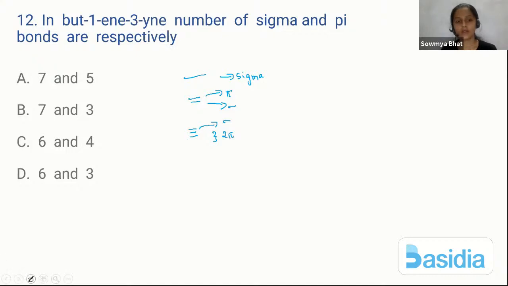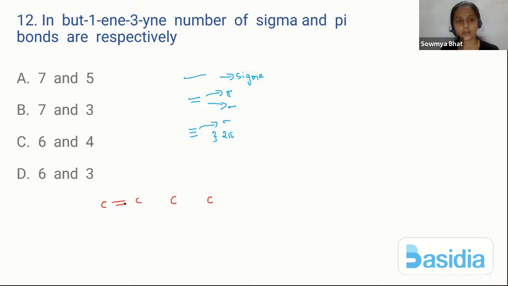Now let's write the structure of the compound whose name is given. But this question has appeared in 2 papers. So this type of question. So but-1-ene-3-yne. But in the sense there are 4 carbon atoms, 1, 2, 3, and 4. At the first position, I'm just starting from a left side. That's the way we write, right?